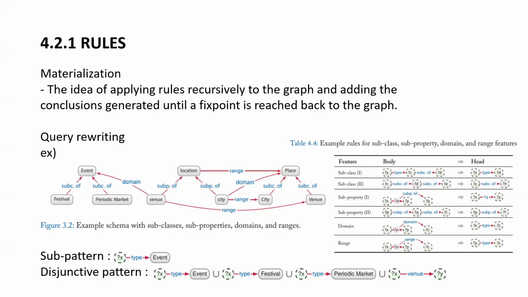The efficiency and scalability of materialization can be improved through optimization or by using distributed frameworks. But depending on rules and data, the materialized graph can become too large to manage.